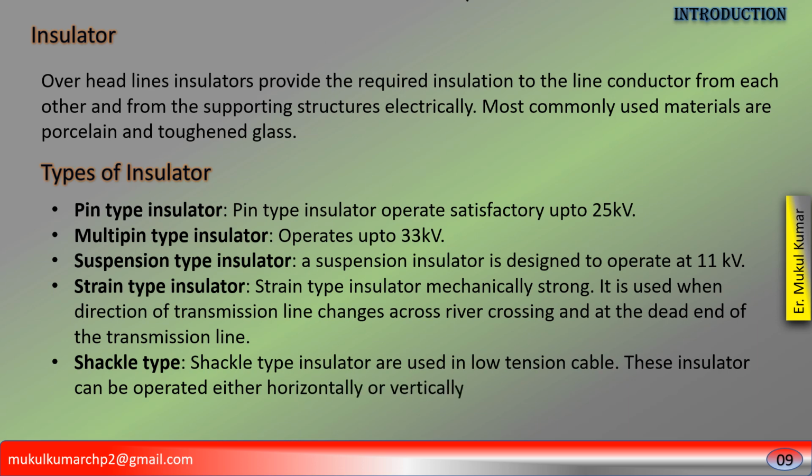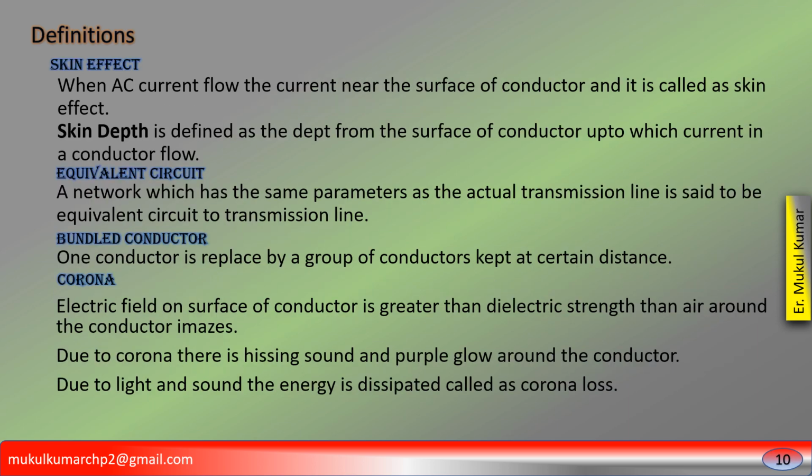A strain type insulator is mechanically strong. It is used when the direction of the transmission line changes, at river crossings, and at the dead end of the transmission line. And shackle type insulators are used in low tension cable. This insulator can be operated either horizontally or vertically.